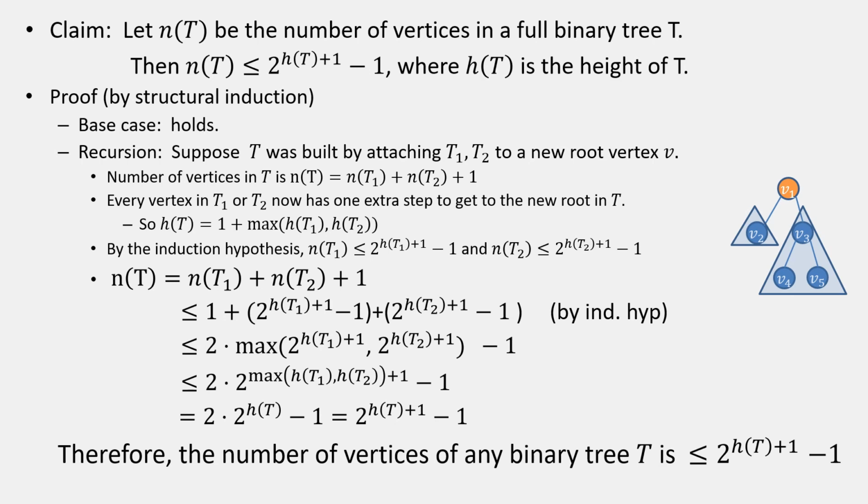Remember, we said that the height of T is 1 plus the maximum of the height of T1 and the height of T2. So instead of talking about the height of T1 and the height of T2 separately, rather than summing 2 to the h of T1 plus 1 and 2 to the h of T2 plus 1, we could say it's at most 2 times the maximum of those two. And also it will be 1 minus 1 minus 1, so overall we subtract 1.